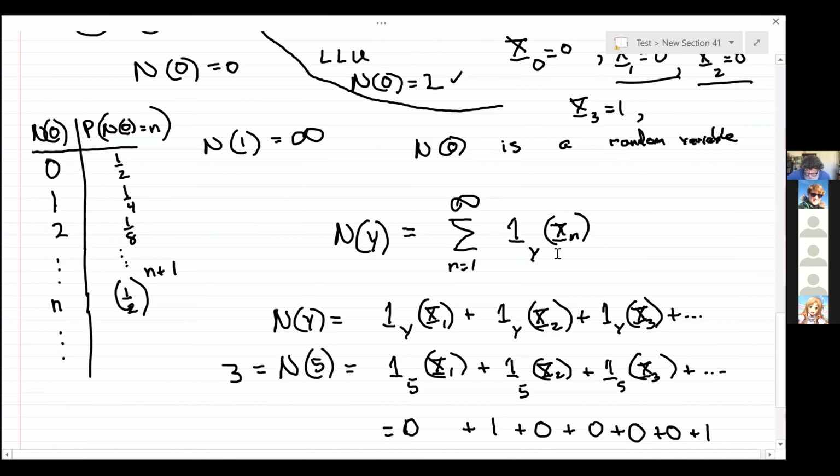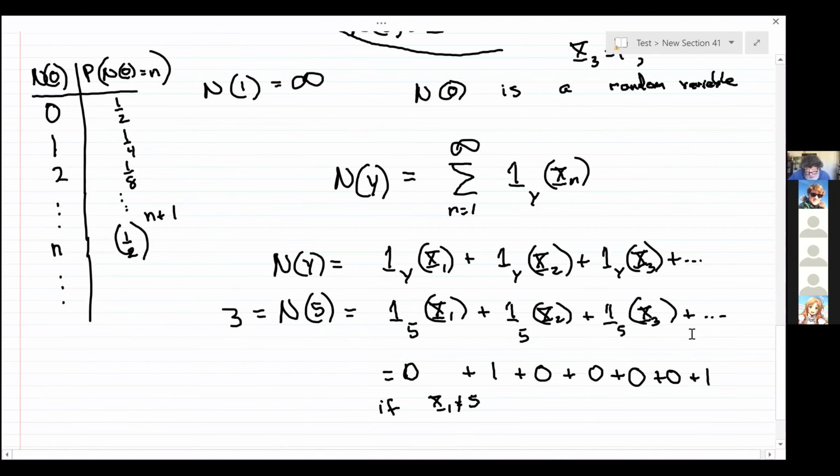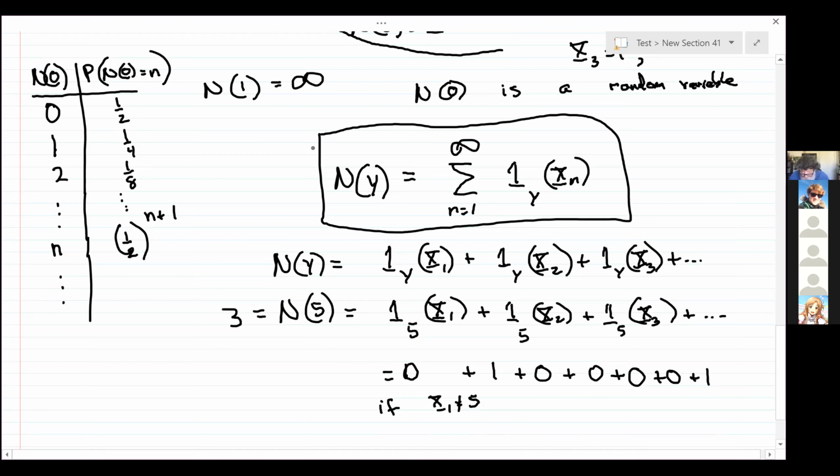And at all other times, the sum will have terms that look like these, zeros. So this is going to be adding up to 3 by adding up 3 ones that occur as the 2nd term, the 7th term, and the 16th term. That explains why this equation holds in general. Does it make sense?